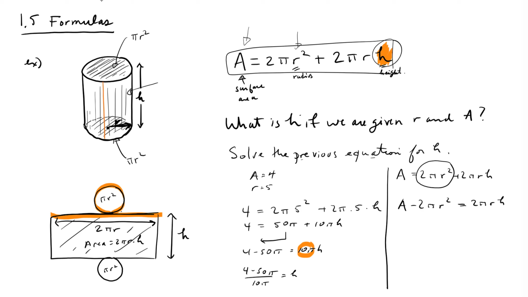And then we got rid of the 10 pi, which was the coefficient of h. Well, what's the coefficient of h now? It's 2 pi r. So I'm going to have to divide by all of this, right? And that gives me how h is obtained when I have a and r. This is a formula for getting h. So that's what we call solving this equation for h.